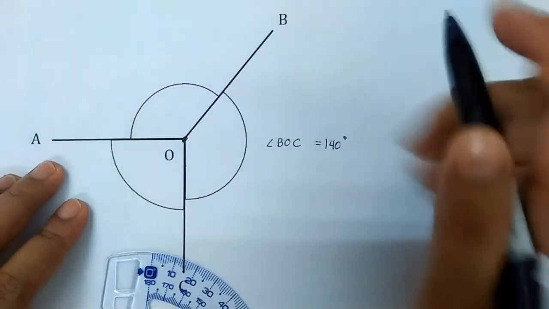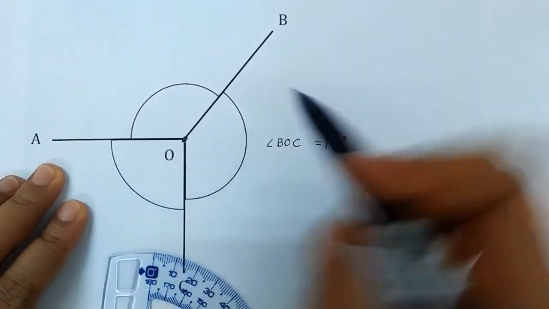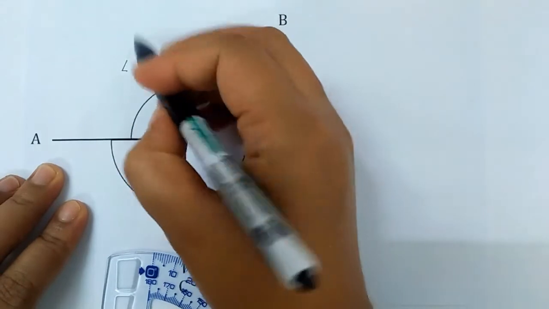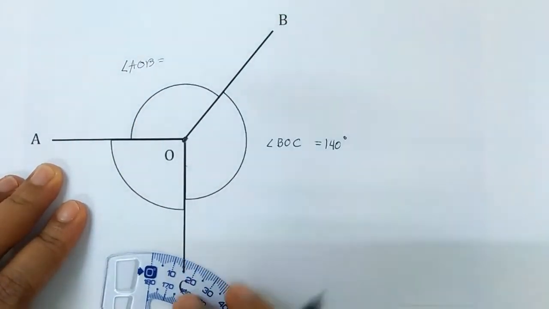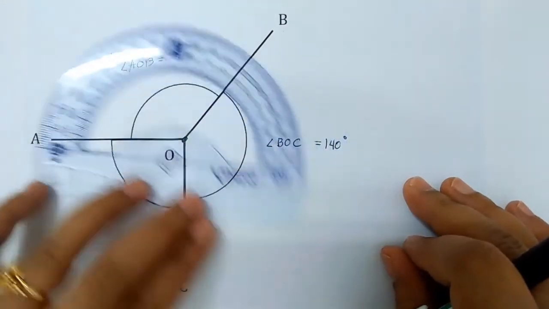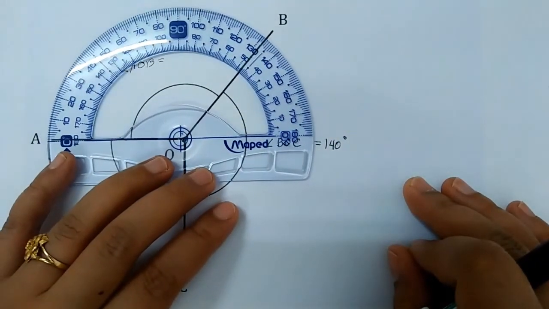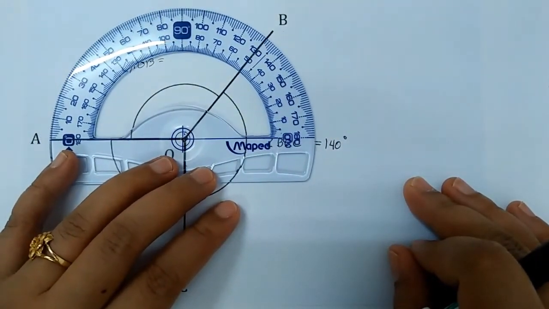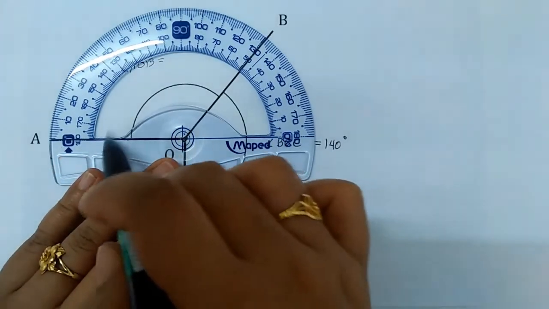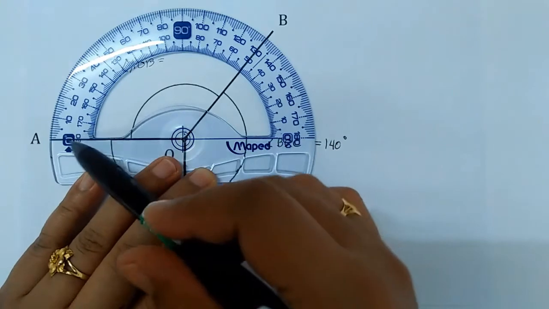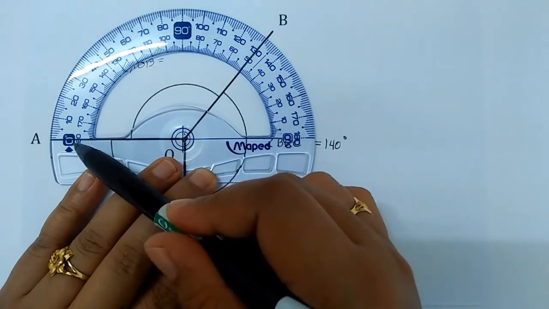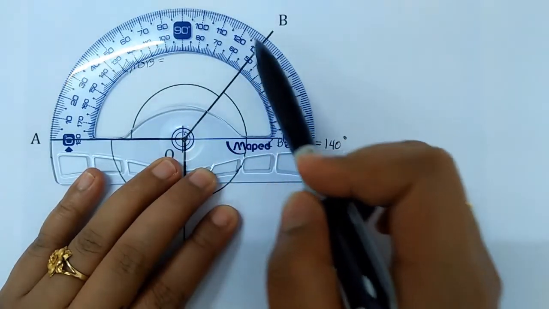Let's have angle AOB. So place the vertex at the center mark and the line must be on the baseline. Start reading at 0. So 0 is on the outer scale until here.